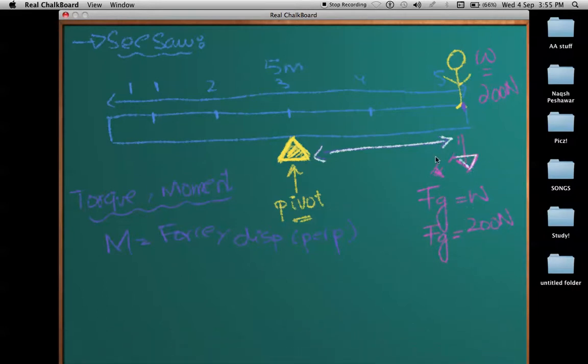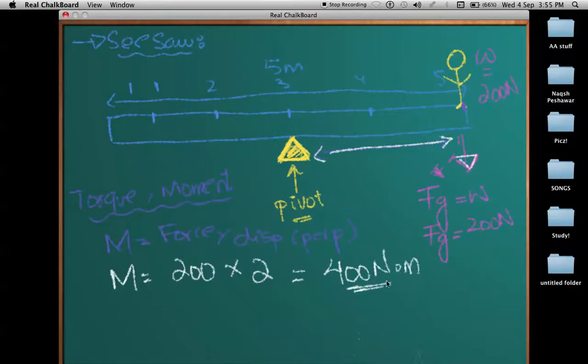Whenever there is a perpendicular distance from the pivot, from the fixed point, there is always a moment. So let's find out the moment. The force is 200 newtons times the displacement, which is 2 meters in this case. This is 1 meter and this is 2 meters. So the moment would be 400 newton meters.